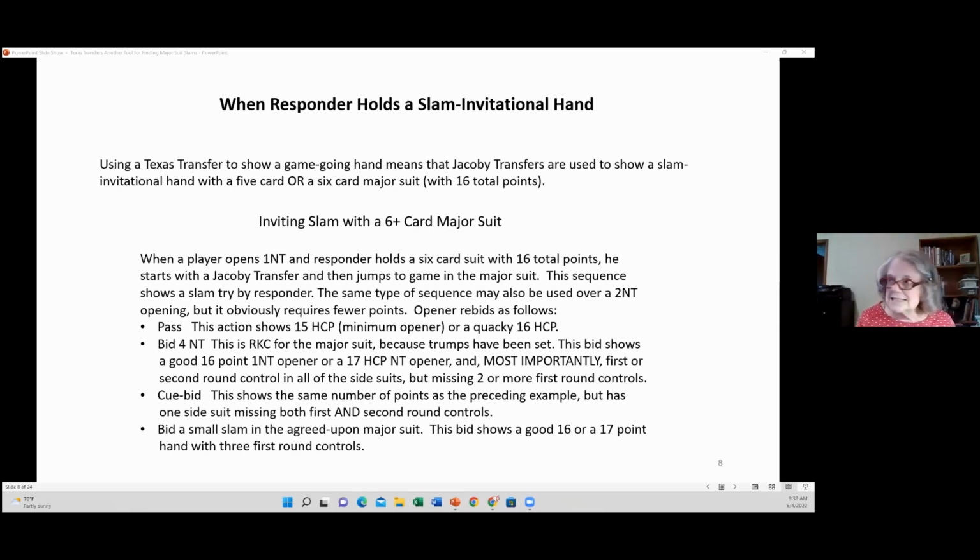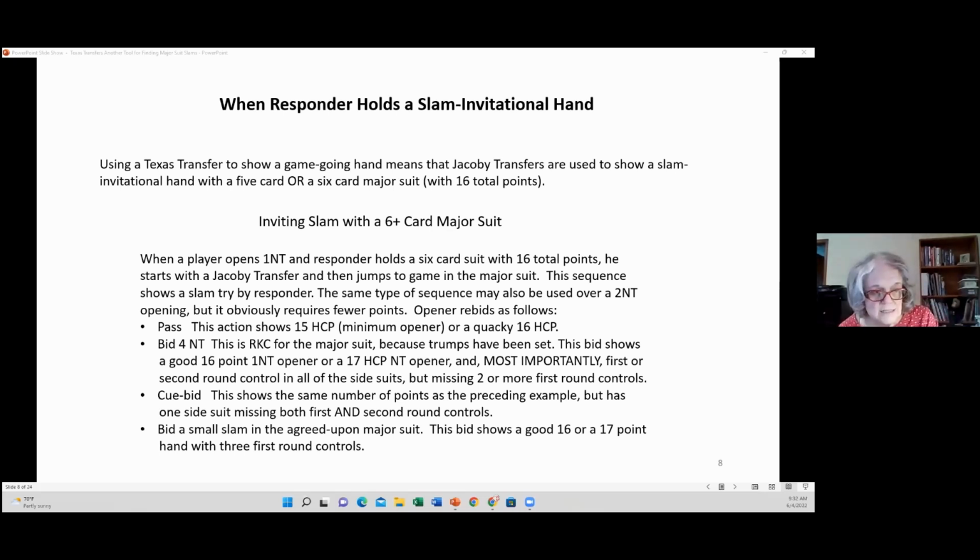When you have a 6-card major suit and you have enough to invite slam only, you start with a Jacoby transfer, not a Texas transfer. Start with the Jacoby transfer and then jump directly to game.